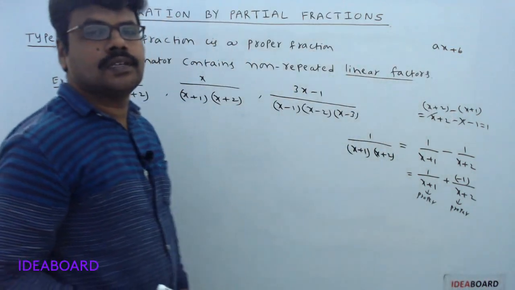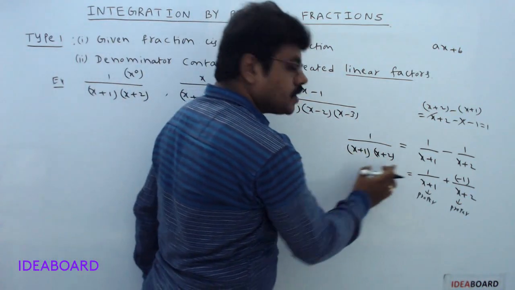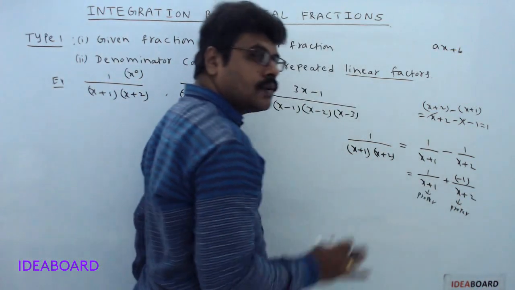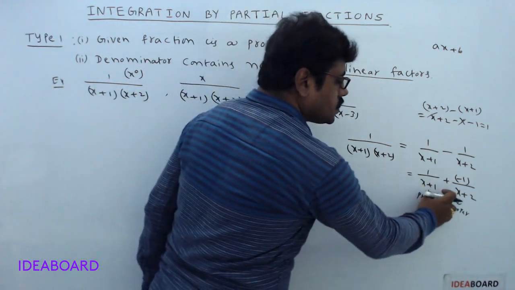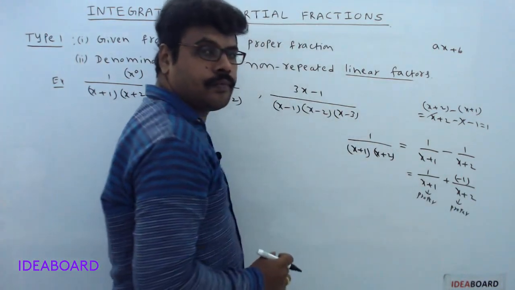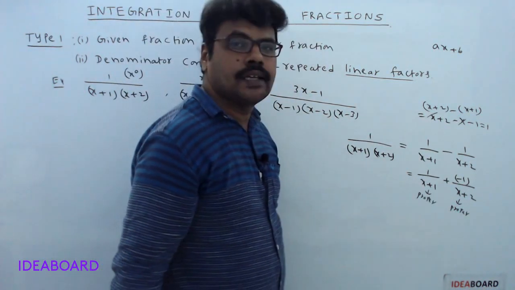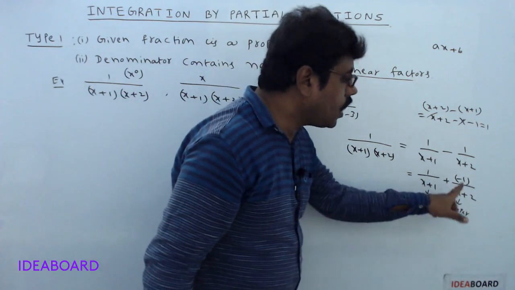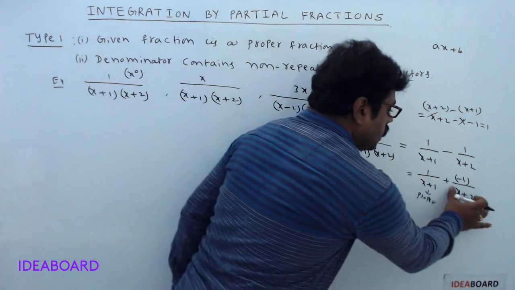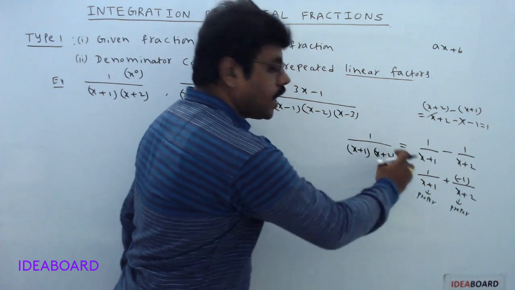Now, what is the definition of a partial fraction? If a rational fraction can be expressed as a sum of 2 or more proper fractions, then each fraction is called a partial fraction of the given rational fraction.